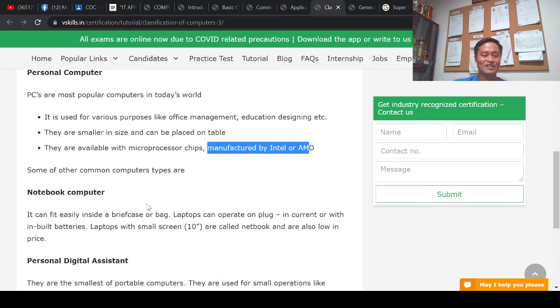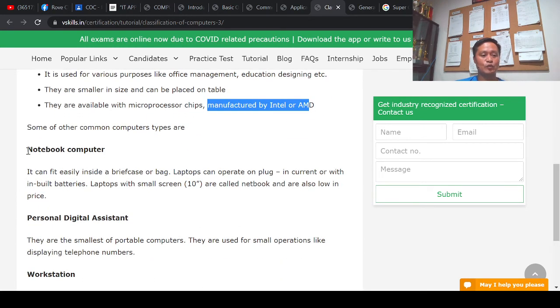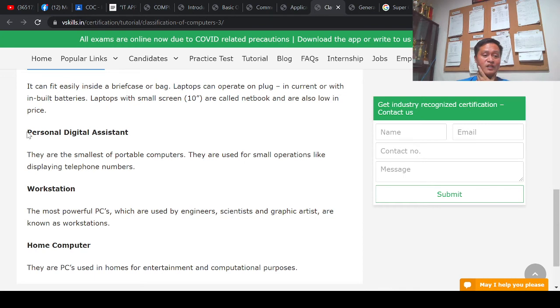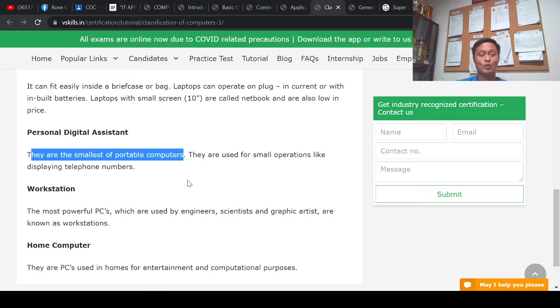Some of the other computer types are, right? Some personal computers are notebook computers, or laptops. And we have the personal digital assistant. They are the smallest of portable computers, smaller than the notebook.